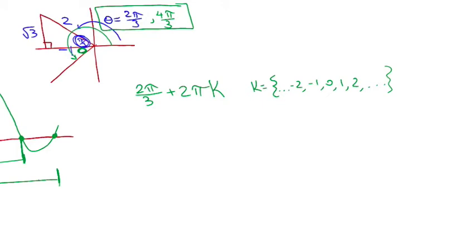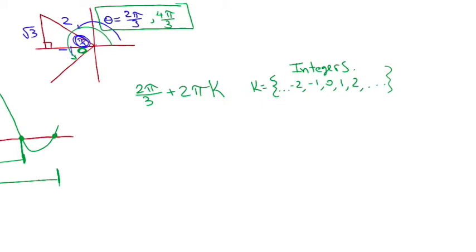Integers. So another way of saying this is k is an integer. So if k is an integer, it could be positive 2k, positive 4k, positive 6k, or negative 2k, negative 4 pi, negative 6 pi, and so forth and so on. So this thing right here describes all the infinite solutions starting with 2 pi over 3.